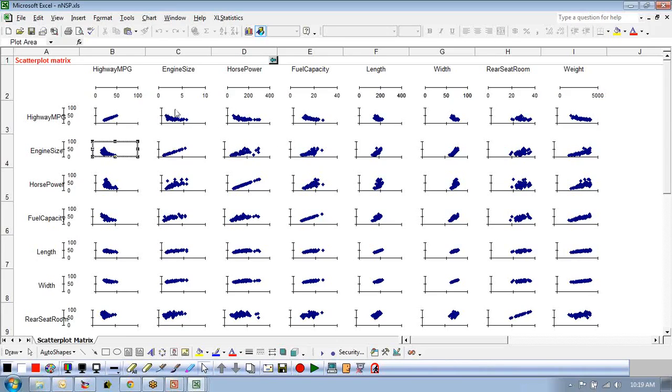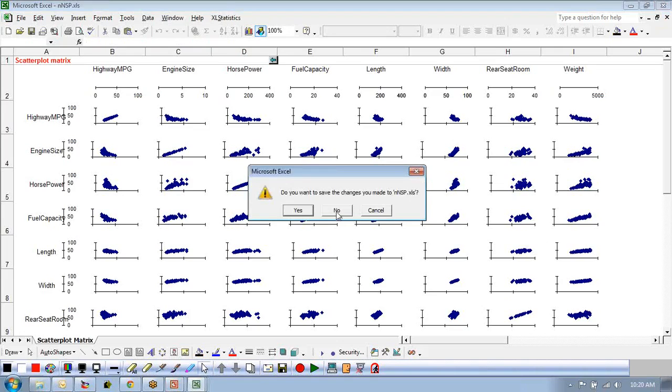The only thing I can tell you about this is it does show me some things are correlated, but it also shows me that those correlation patterns look very similar for a few things. For example, engine size, horsepower, fuel capacity, and weight all look very similar. So maybe they're all telling me the same thing, and I can eliminate some of the redundancy in my model.